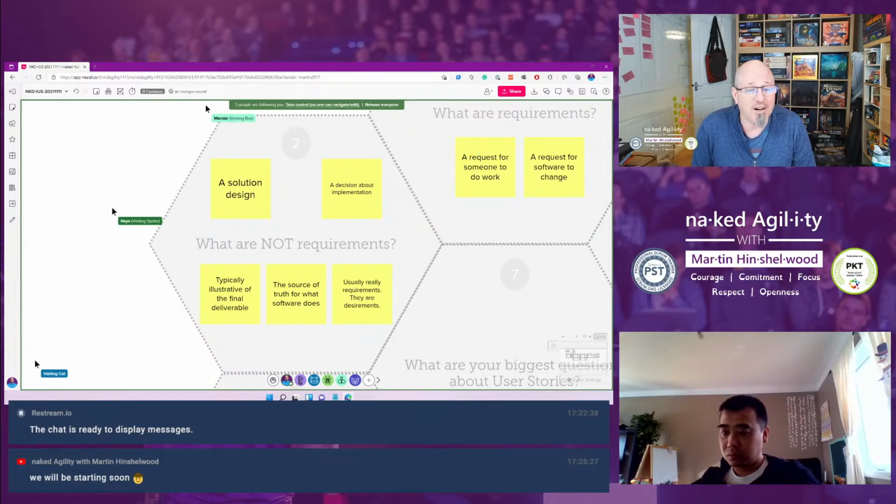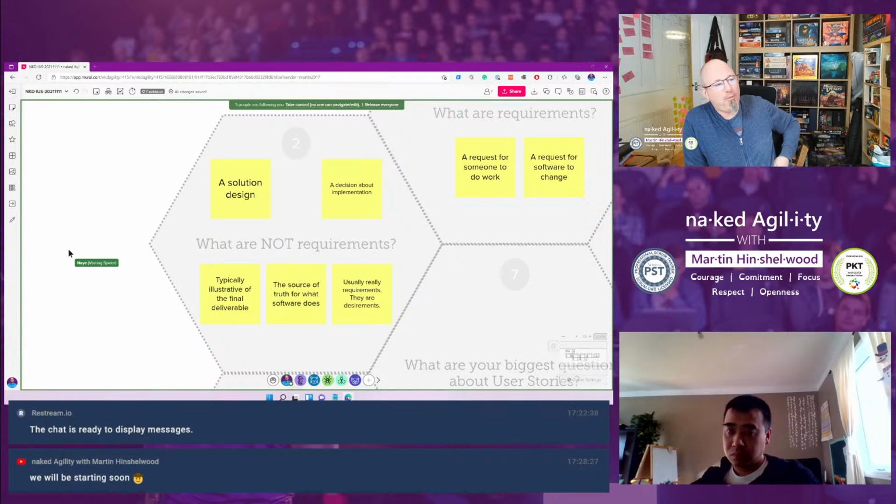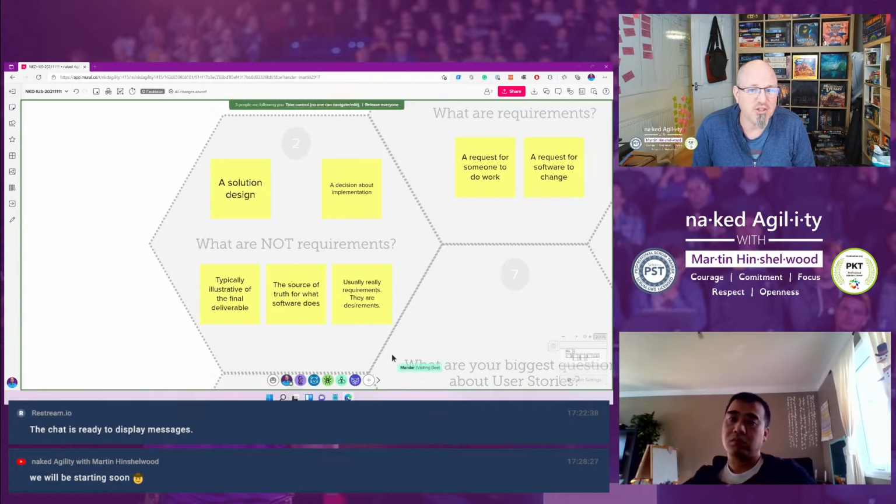I think that's the hardest truth for organizations to handle, but it is a reality. It's not a source of truth for what the software does. They're not really requirements. If they were requirements, we would have to do them all. But most of the time, we don't have to do them all. Things change over the life of the project. Some of the things we do, and we don't need other things.